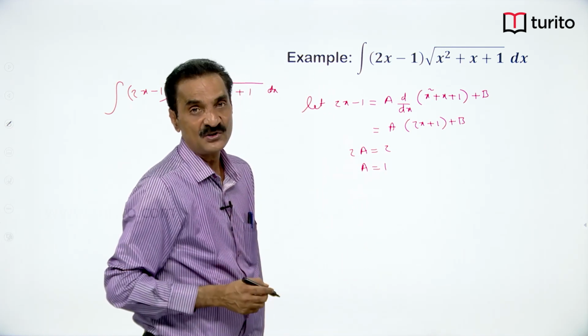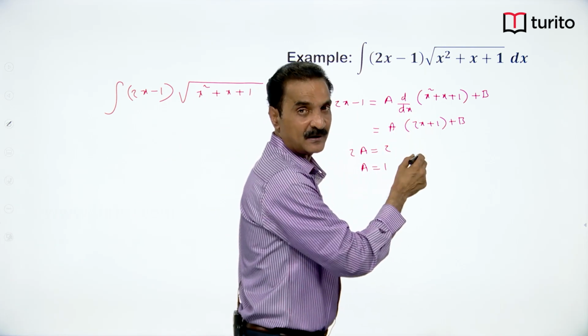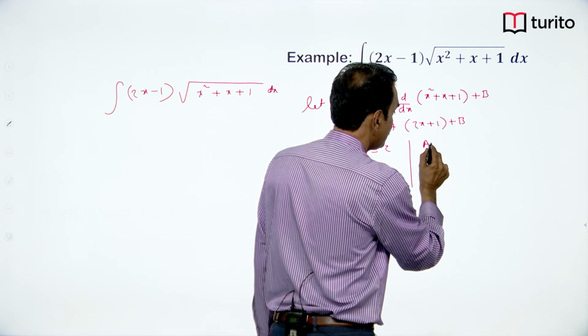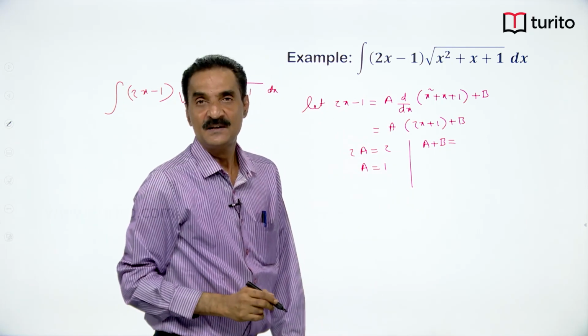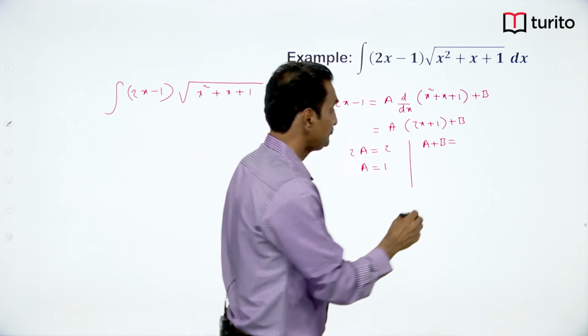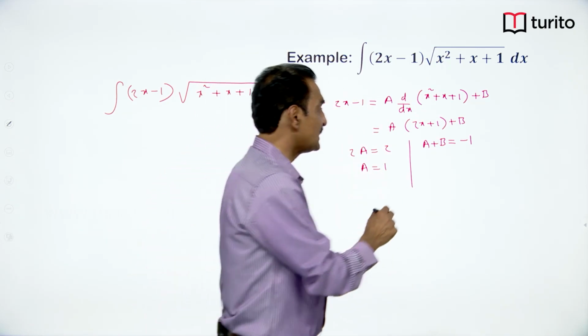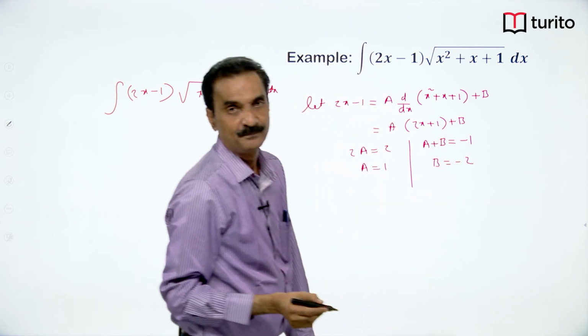Now, comparing the constants, what is the constant term in the RHS, term independent of x? a plus b is equal to, in the LHS, constant term is minus 1. If you substitute a is equal to 1, we will get b is equal to minus 2.